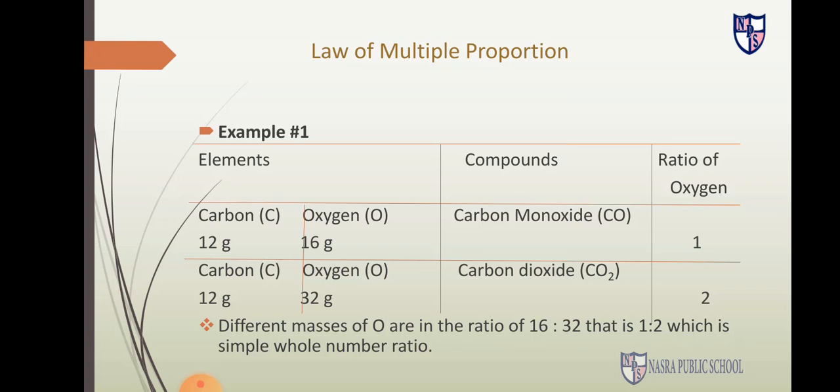During the formation of carbon monoxide, only one atom of carbon and one of oxygen are joined together. So the masses for both carbon and oxygen are written underneath the symbols. For carbon, it is 12 gram and for oxygen, it is 16 gram.